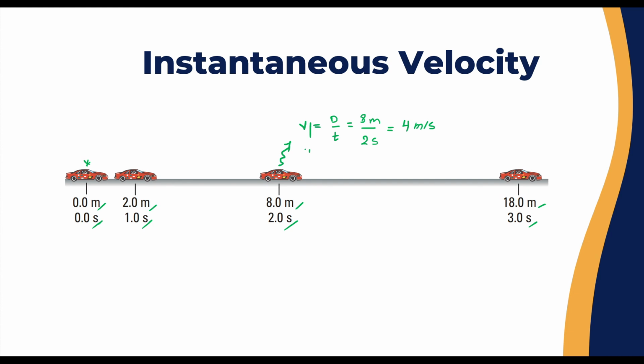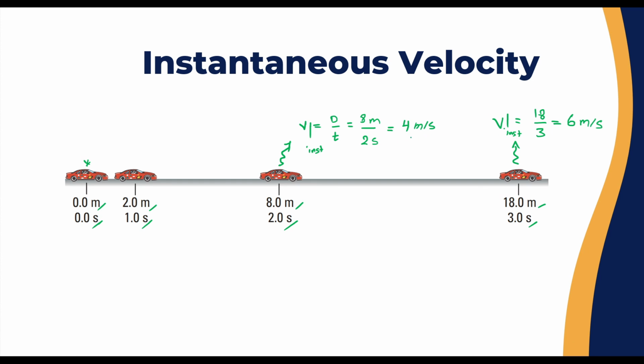So the instantaneous velocity for the car at 8 meters equals 4 meters per second. Okay, what is the instantaneous velocity of this car at 18 meters? That's distance 18 over time. At that moment, the time was 3. 18 over 3 equals 6 meters per second.